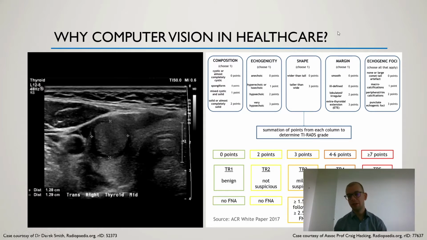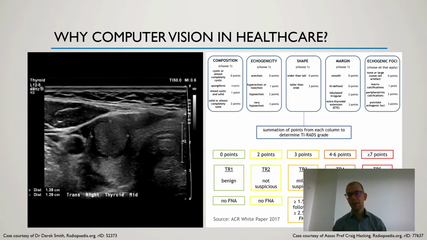For example, on the right hand side you have the so-called TI-RADS score table, which tells you to look at a thyroid nodule, so this would be a thyroid nodule, and then depending on its specific characteristics, for example, composition, echogenicity, is it bright or dark in the image, what's its shape, how does the margin look, and so on.